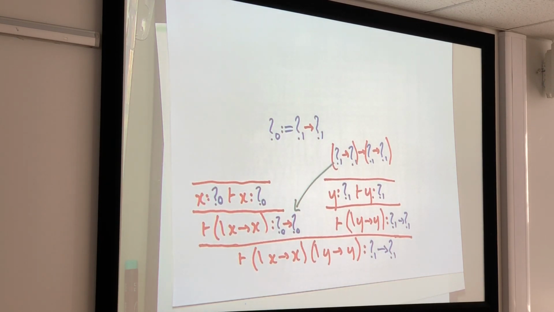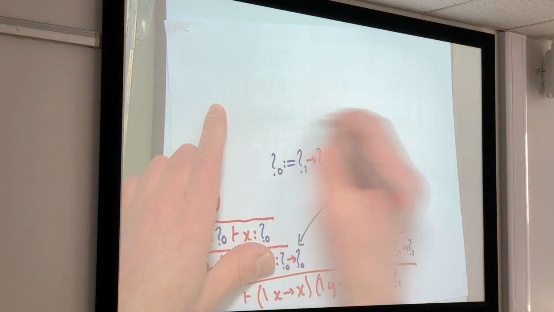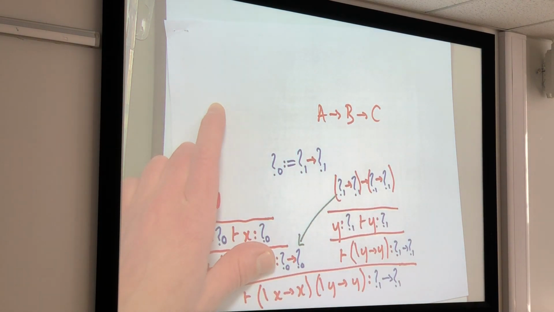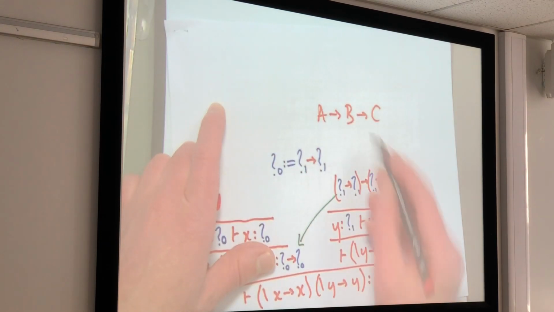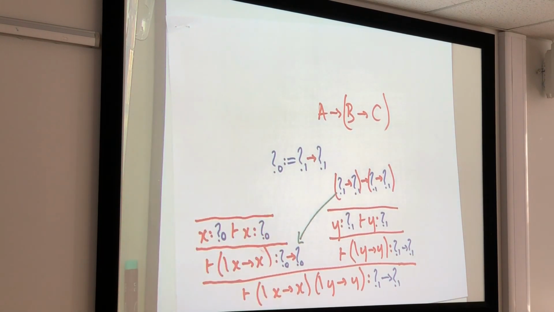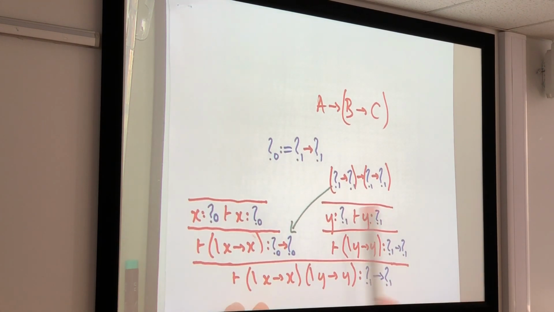So usually when you write something like A arrow B arrow C, you mean a thing that takes an A and a B and gives you back a C. So you don't have to write parentheses in a thing like this, and it means that. So I was just leaving out parentheses that weren't forced on me. But it actually does make sense to put them in here and say, yep, this identity function is an identity function that is being fed a function and giving back a function.